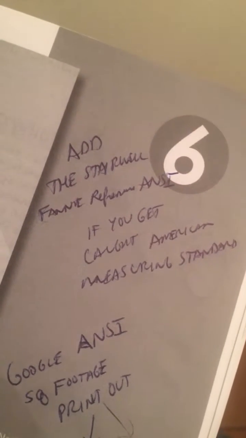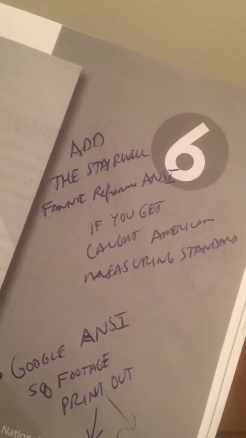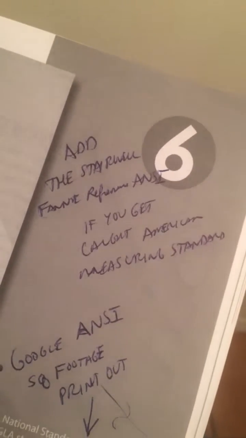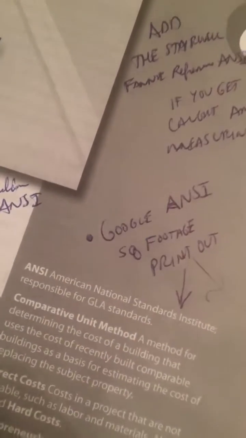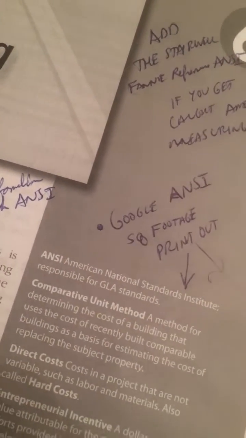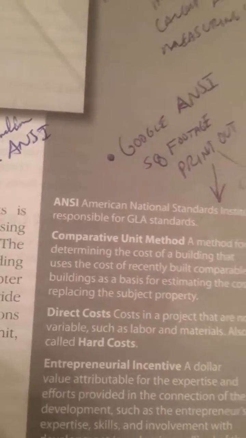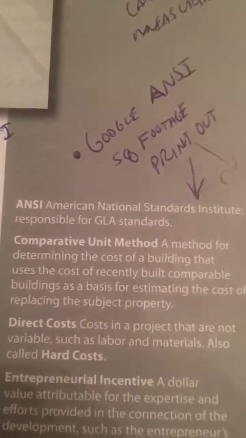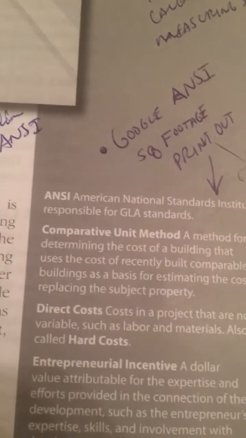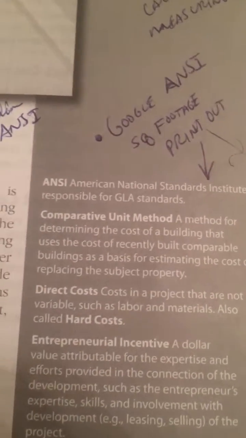Fannie Mae references ANSI. If you get caught, American measuring standards. Extra note: Google ANSI square footage printout. ANSI, American National Standards Institute, responsible for gross living area standards.